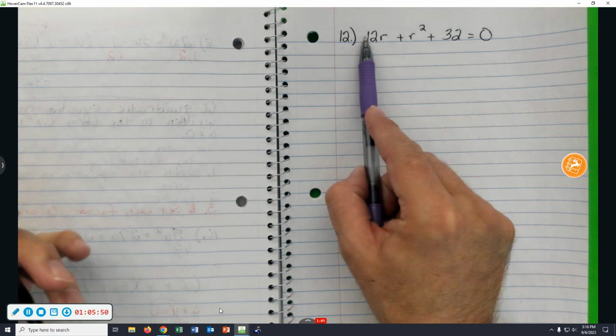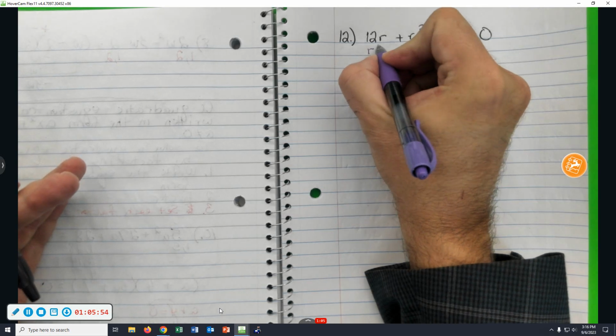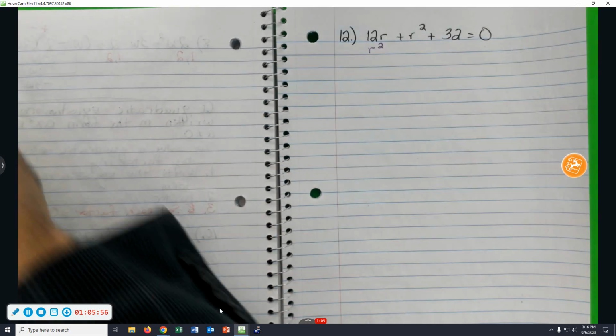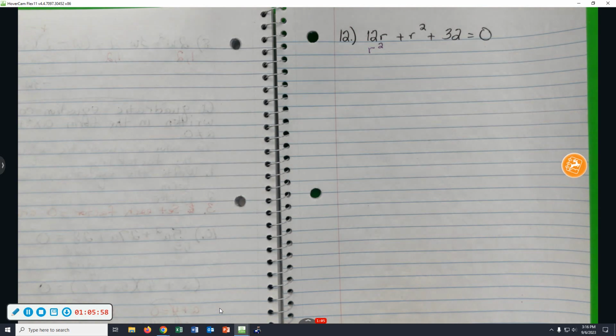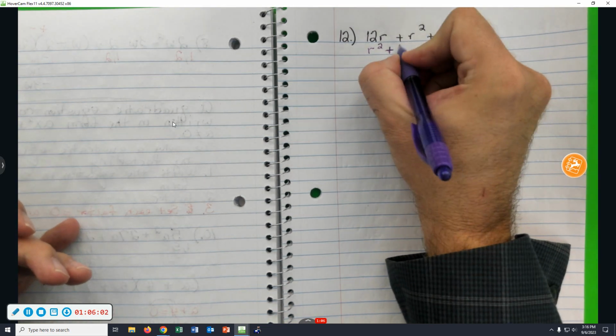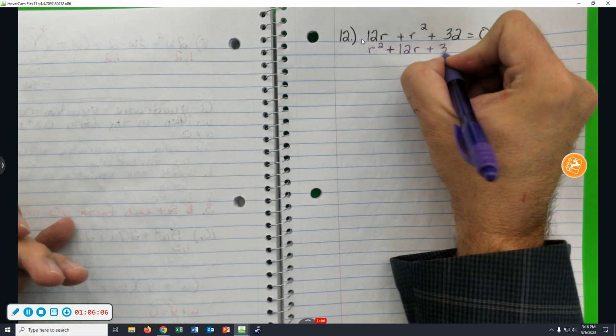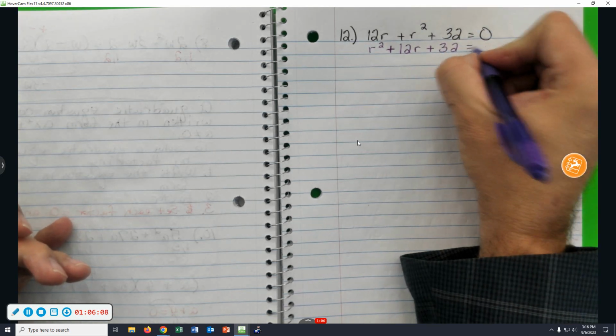Okay, so we need that R squared first, and then we have the R term, the plus 12R. And why is it a plus? Because that 12 right there is assumed to be positive. You don't see a sign, so it's a plus 12R.